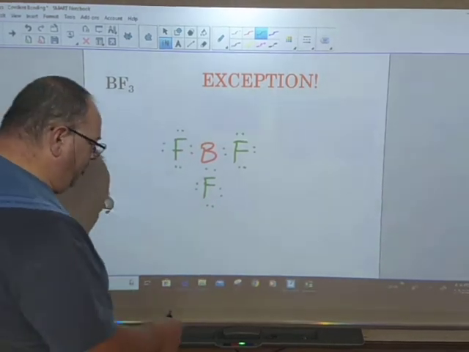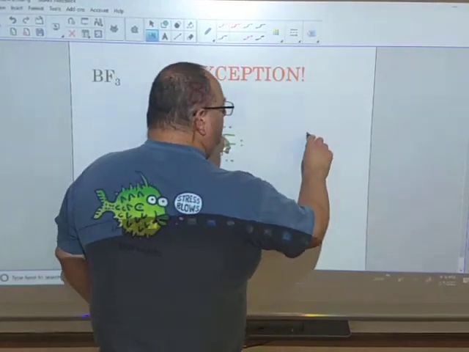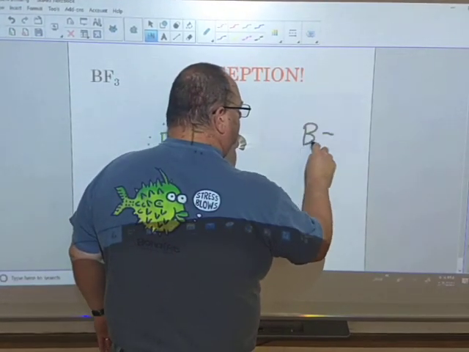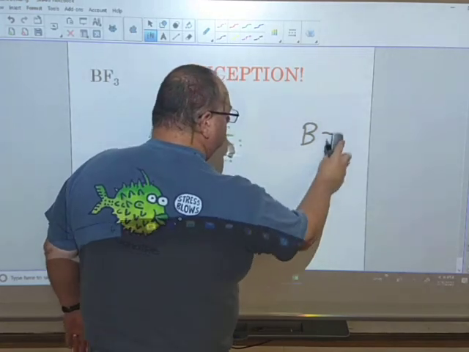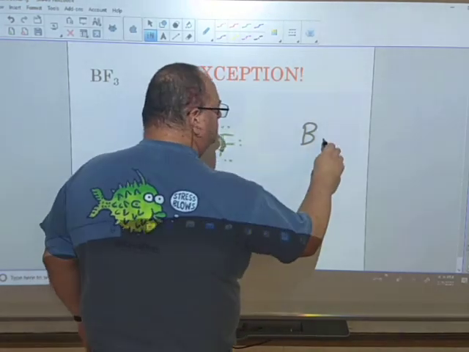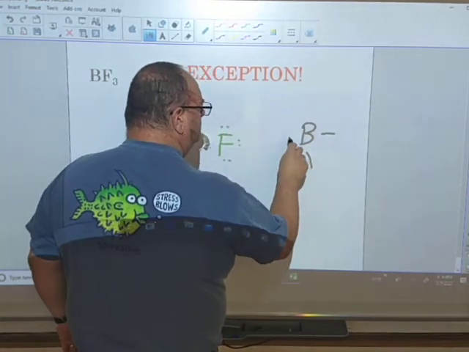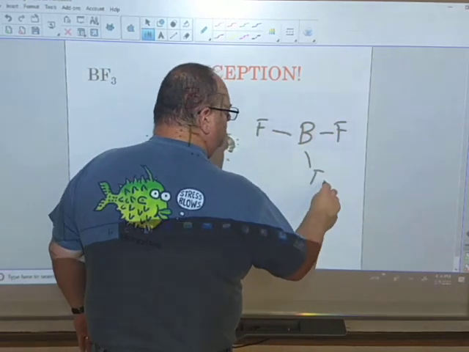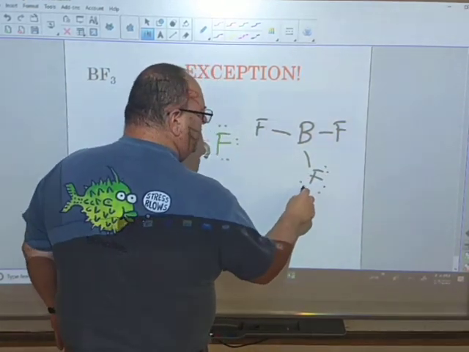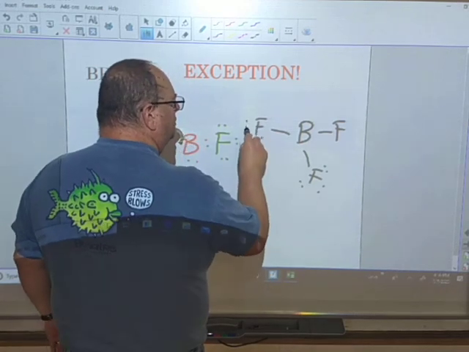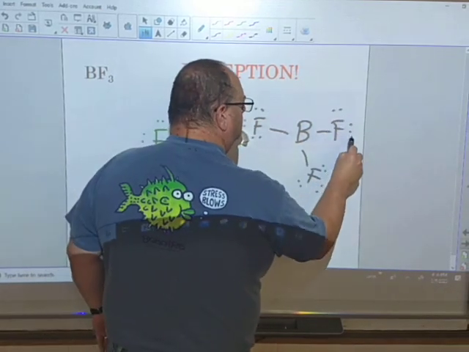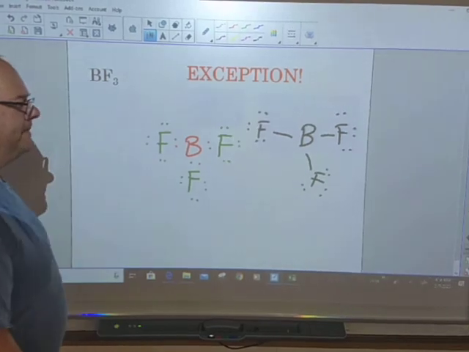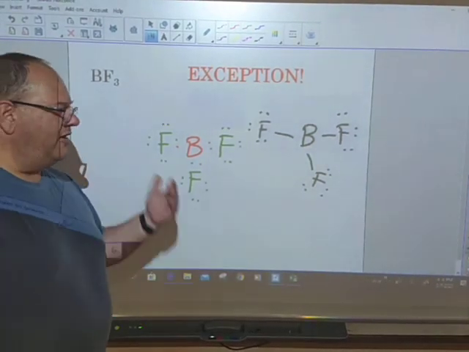Okay? So we're going to have a structure where the boron just has 3 single bonds to fluorine. Doing a terrible job of drawing that. Okay. Now, 3 groups of electrons.